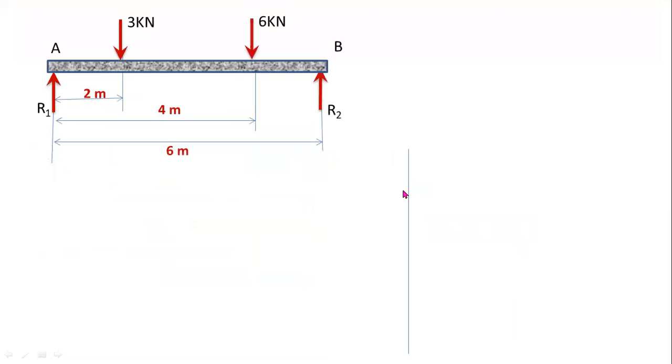For that purpose I consider moments, sum of all moments about point A equal to 0. Here 2 meters, 4 meters, 6 meters are perpendicular distances. 2 meters is the perpendicular distance between point A and the 3 kilonewtons force. 4 meters is the perpendicular distance between point A and the 6 kilonewtons force. 6 meters is the perpendicular distance between point A and reaction force R2.